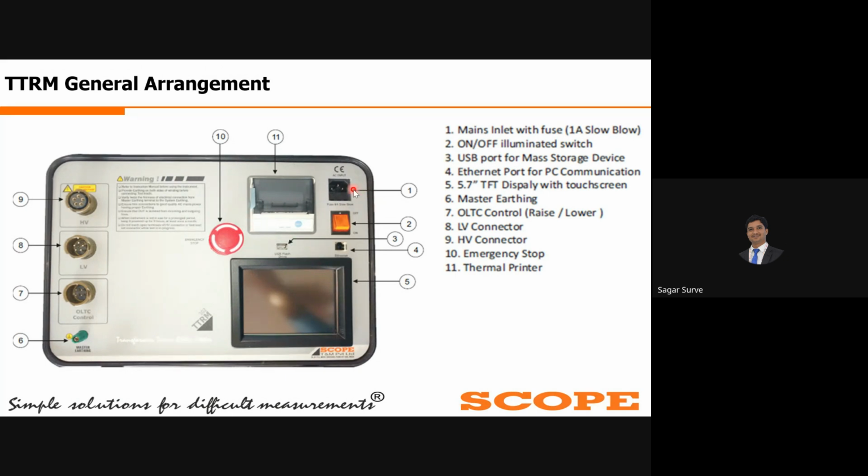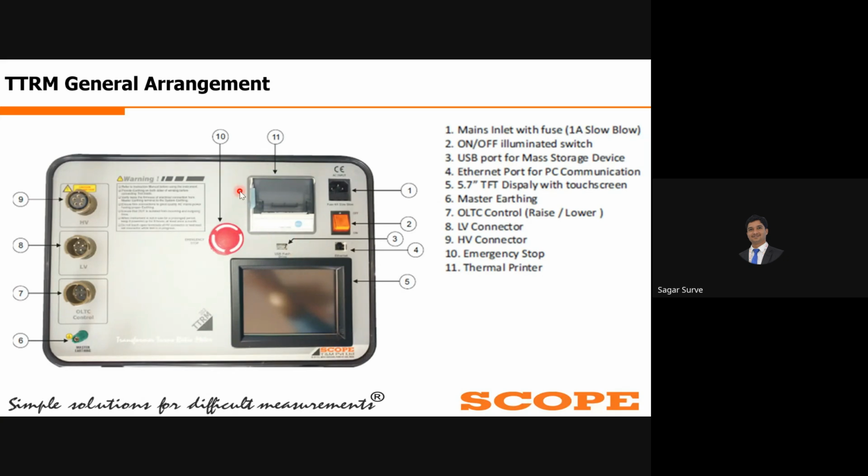Here we are giving the single phase AC supply to the instrument, and along with the LAN and USB connection, a pen drive can be connected to the USB and we can copy the results. With the LAN, we can connect to your device like a computer or laptop PC. An inbuilt thermal printer is also provided.